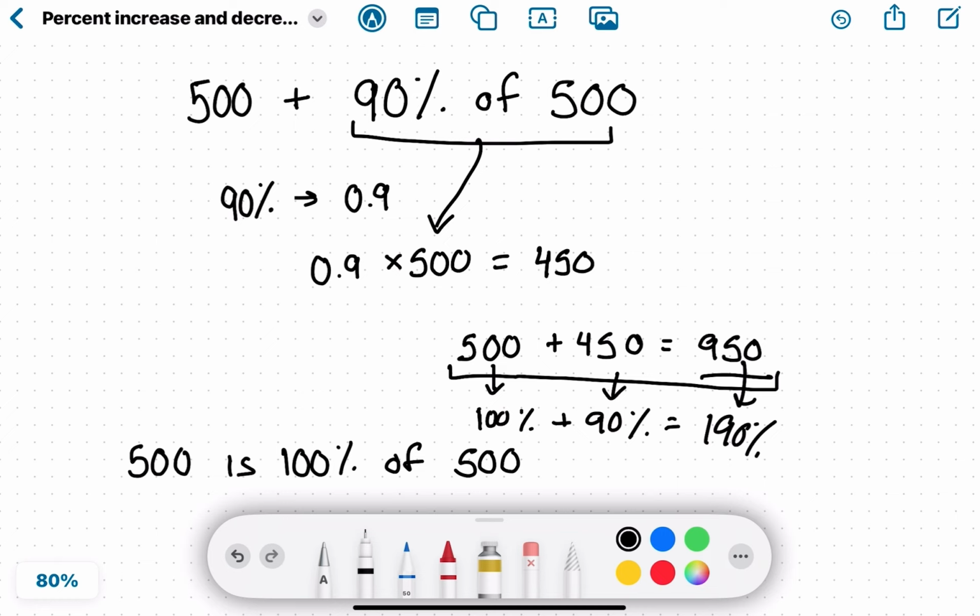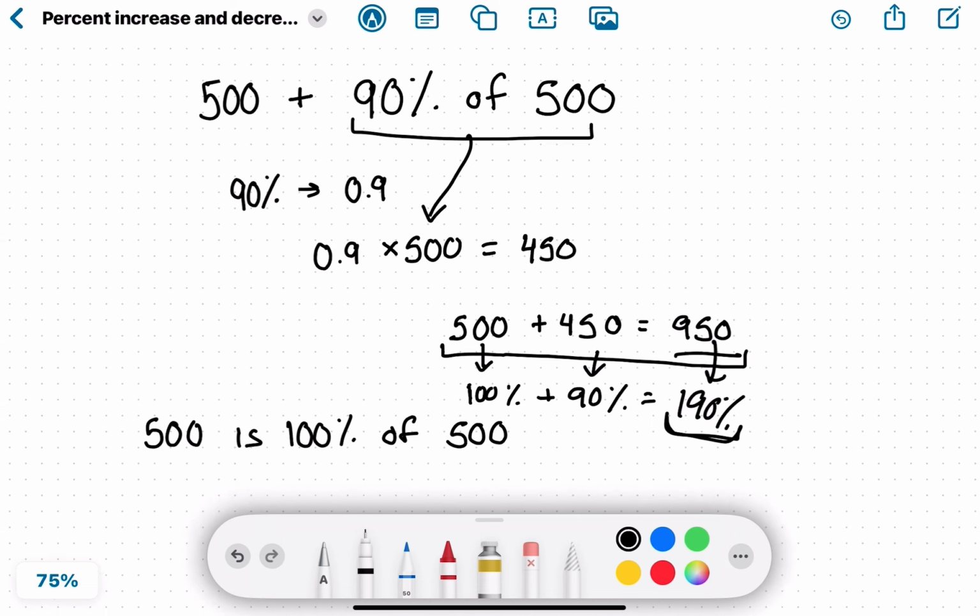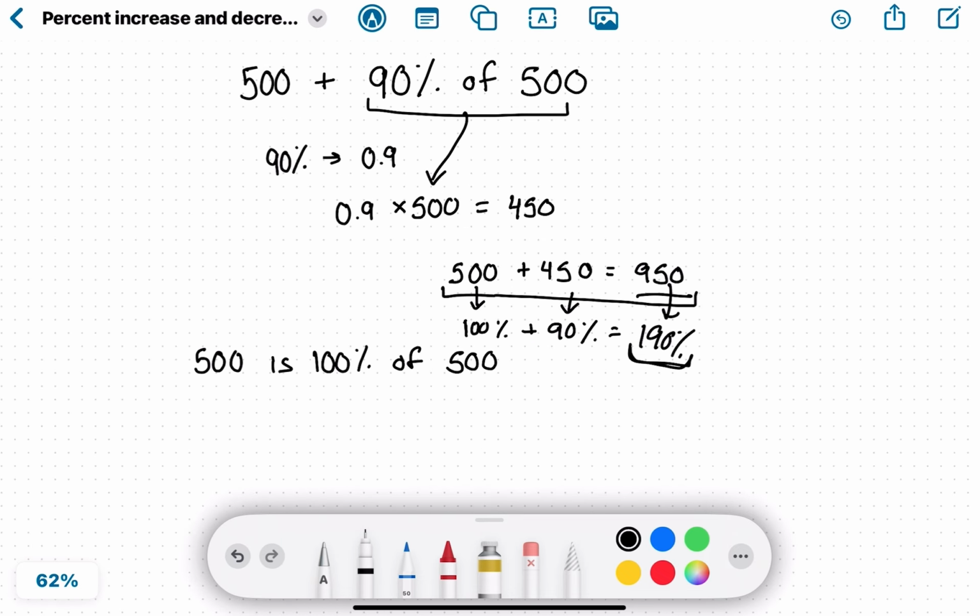Why can't we just take 190% of 500? That would make it so much easier, and then you don't have to do two steps. You could just do one. So how do we find 190% of a number? I did go over this in my last video as well. So what you do is find 190% of 500.